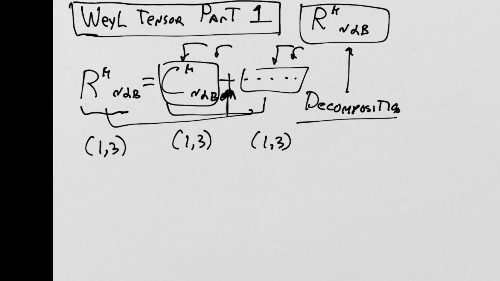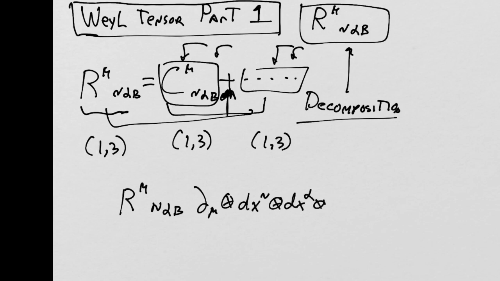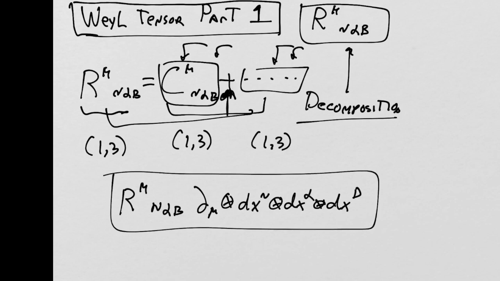We've abandoned any pretense of writing down R mu nu alpha beta with tensor product dx nu tensor product dx alpha tensor product dx beta. This is true, and I always keep it in mind.